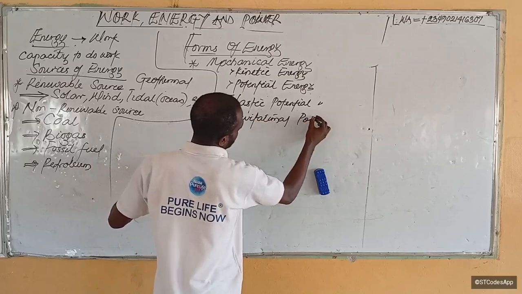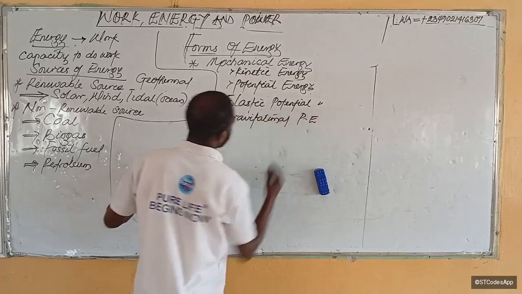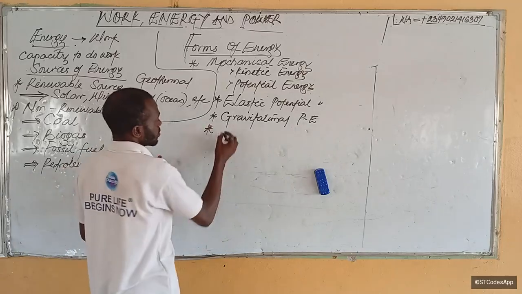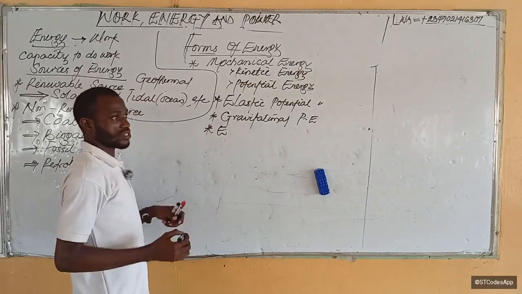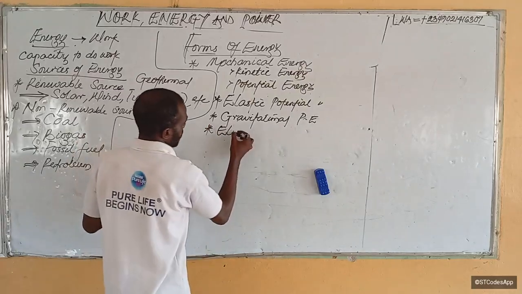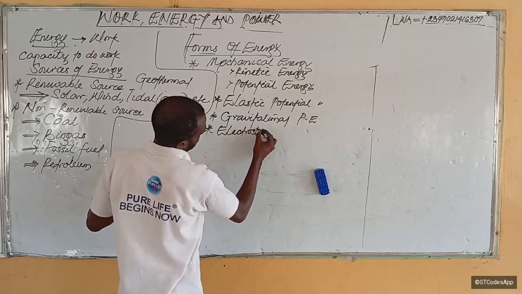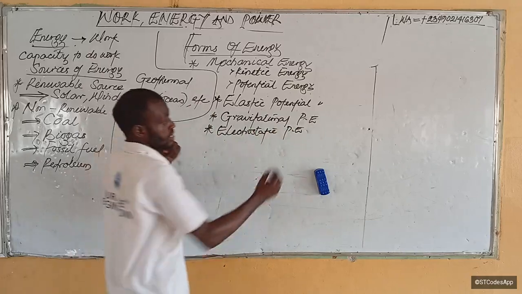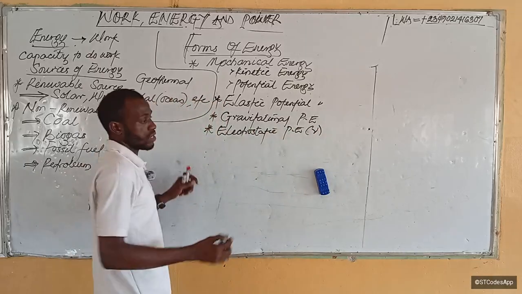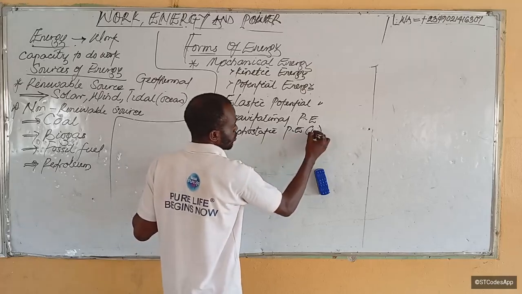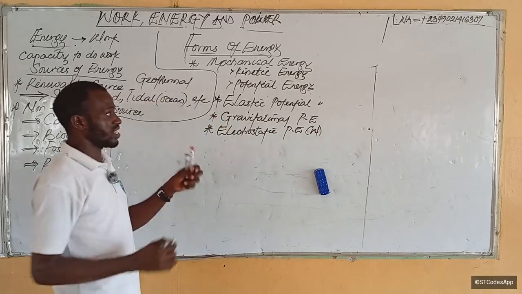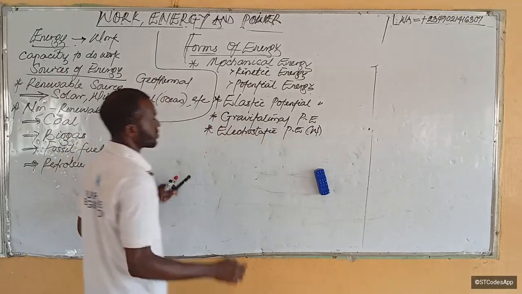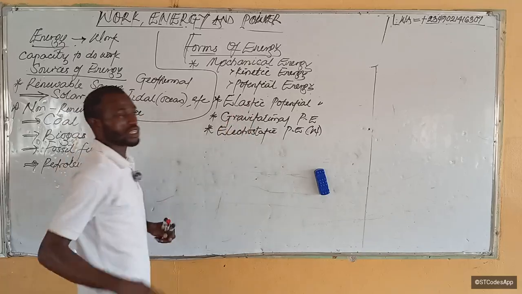So let me just put P for short. There is also electrostatic potential energy. We call it electric potential, that we use V. Electrostatic potential energy, that's W. So most of this energy we use W for, but this one we use GPE to represent. This one we simply use E, elastic potential energy.